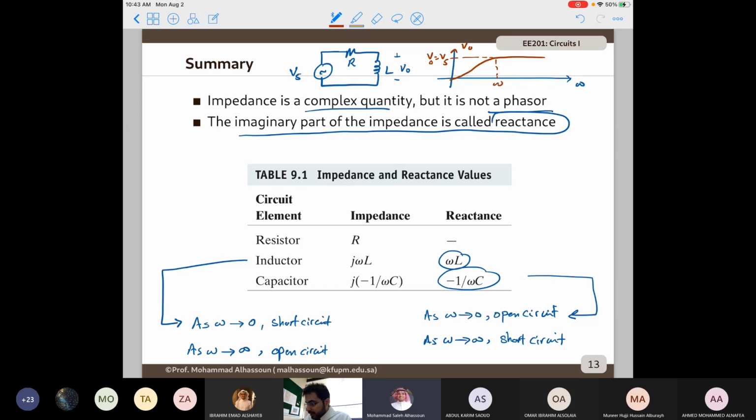Let's take another example. Let's assume we have the following circuit.